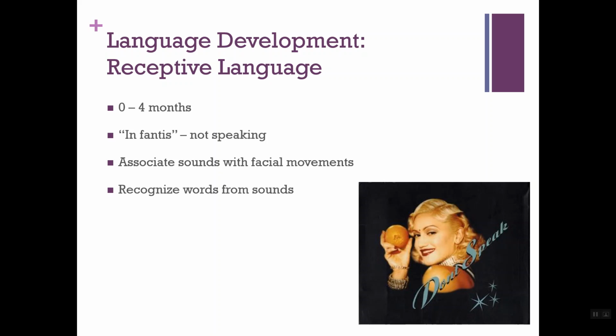And so this is where they start to discriminate between what you're saying are actual words with meaning versus you going, oh, or laughing, right? Just making some kind of sound. So it discriminates between just random sounds it hears and actual language, okay? So for instance, this kind of goes back to the McGurk effect a little bit. They know that the sound ba matches a certain mouth movement, right?